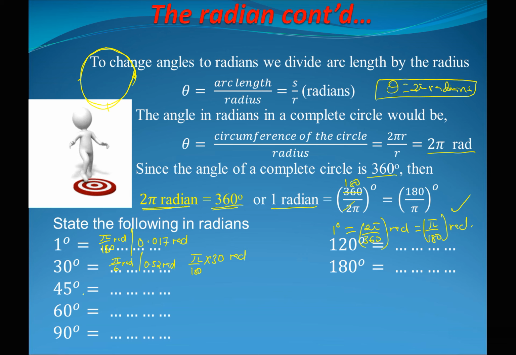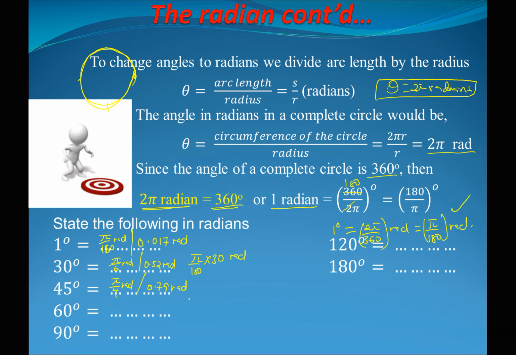Okay, then 45, I will simply say 45 divided by 180. So this is pi over 4 in radians, or pi divided by 4, this is 0.79 in radians.